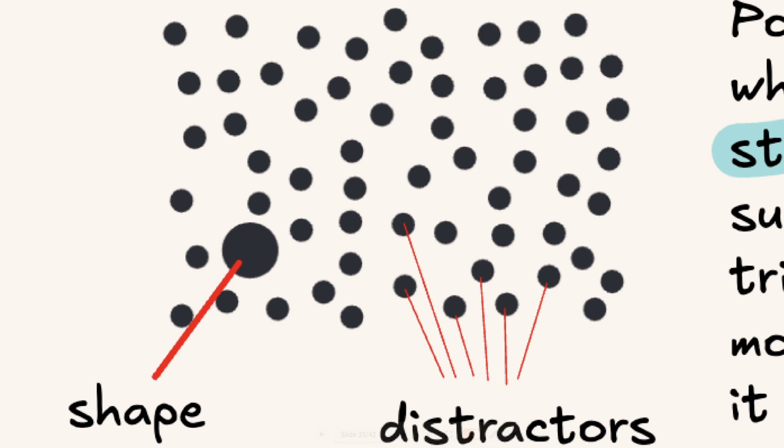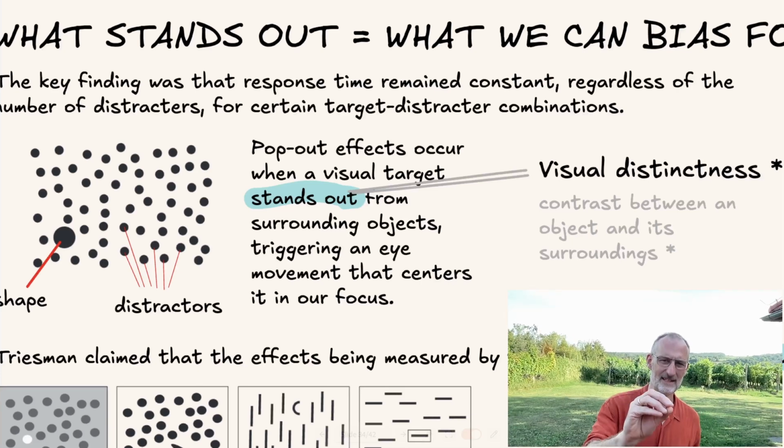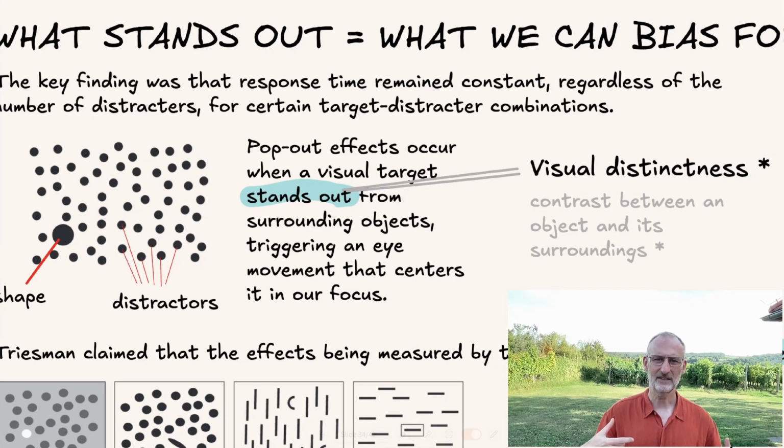Of course, there's the big bubble that stands out, but also the red lines will stand out, and you'll see why in a second. But what stands out, this pop-out effect, happens because of what are called visual distances, which is the contrast between an object and its surrounding.